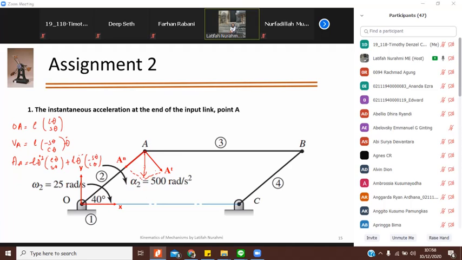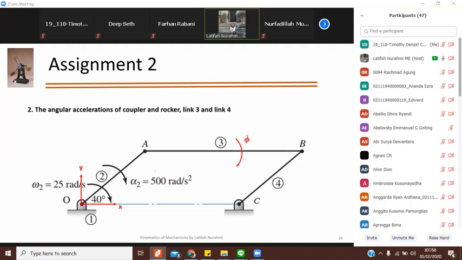Now, the next question is what is phi double dot and what is psi double dot? Intuitively, I'm talking to you about the intuitive things. Intuitively, this link is always horizontal. This is for sure. So link AB is always horizontal.